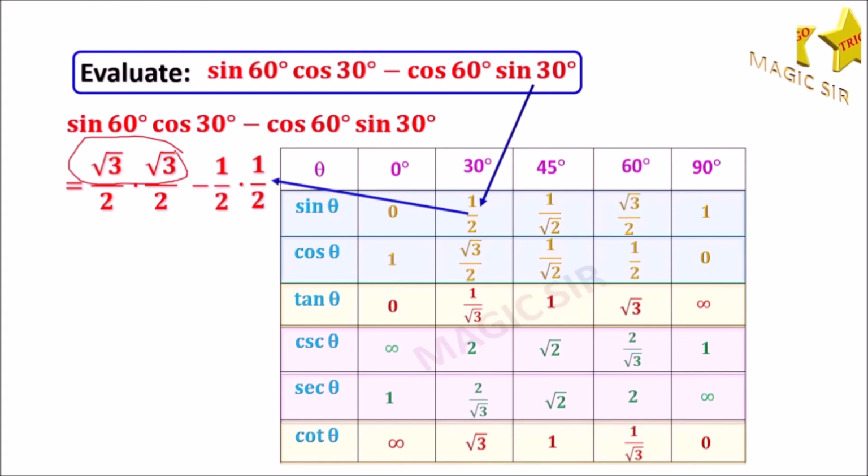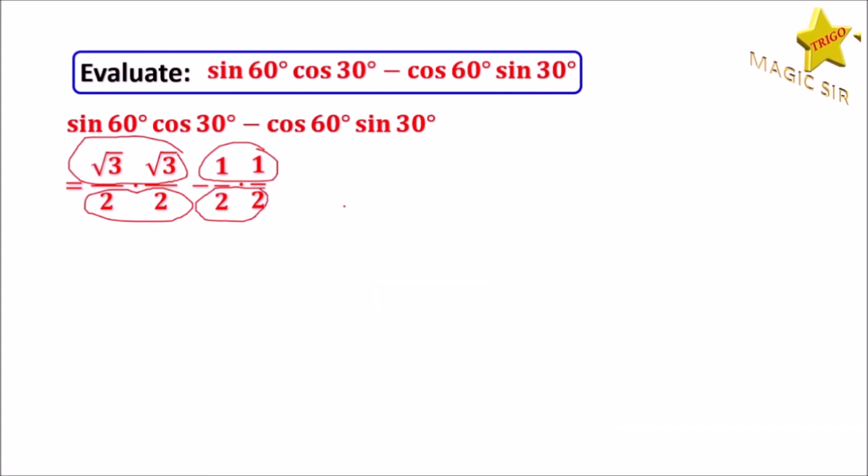We know that root 3 into root 3 is equal to 3, and 2 into 2 is equal to 4. 1 into 1 is equal to 1, and 2 into 2 is equal to 4.